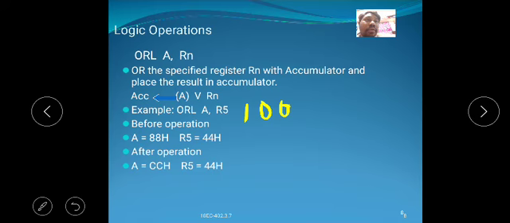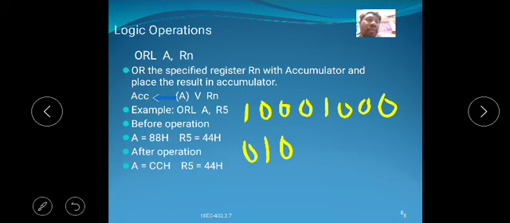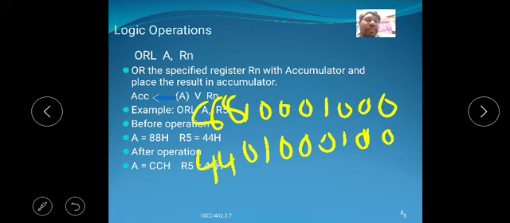This is 88, which is 1000 1000, and R5 is equal to 44, which is 0100 0100.